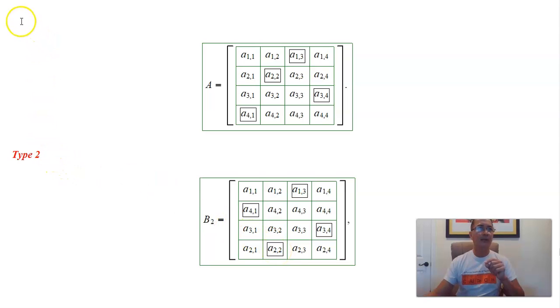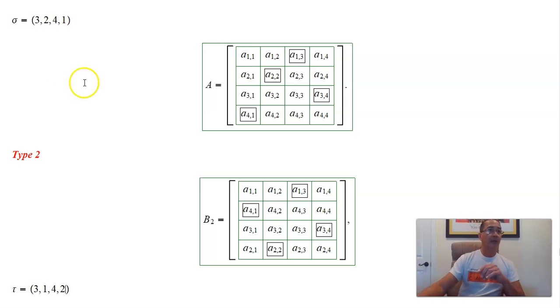So what have we got here? In the first matrix, the permutation that we have is 3, 2, 4, 1. In our B2, the tau that we have is 3, 1, 4, 2. Does that sound familiar? Yeah, we switched 2 and 4.